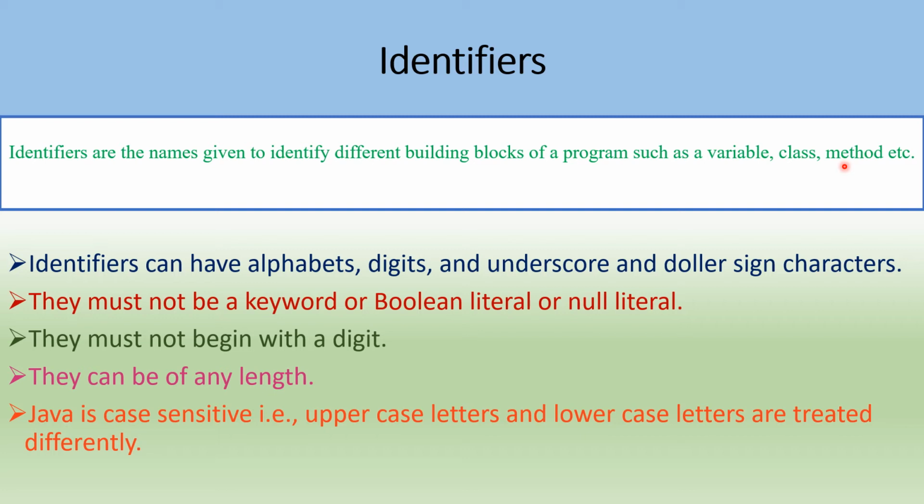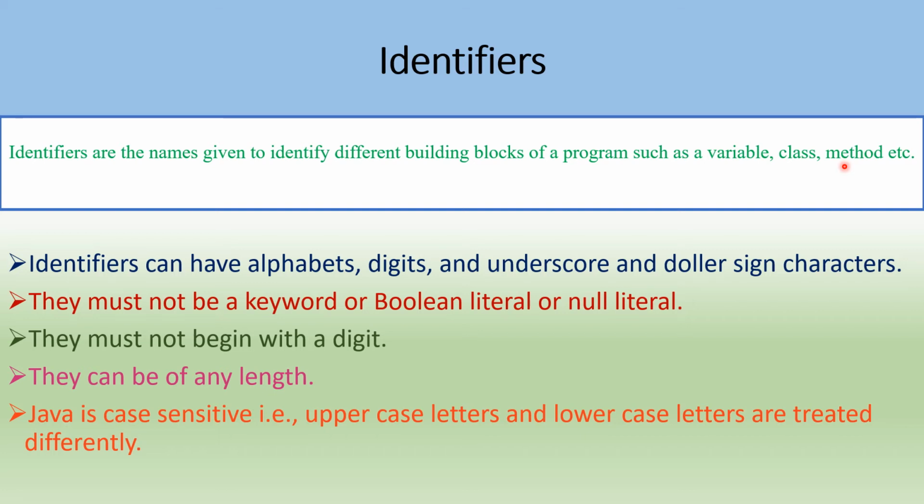That is, uppercase letters and lowercase letters are treated differently. For example, if you have written a program and you have written the name of the method as Display in uppercase letters, capital letters, and later on when you are calling that method you write the same word display, but in lowercase letters.